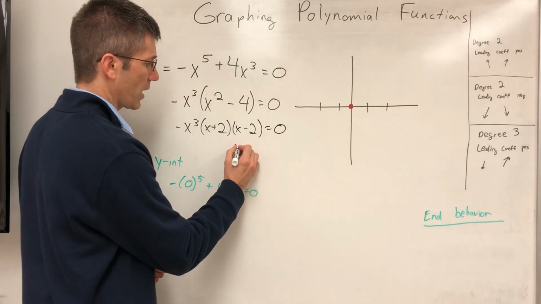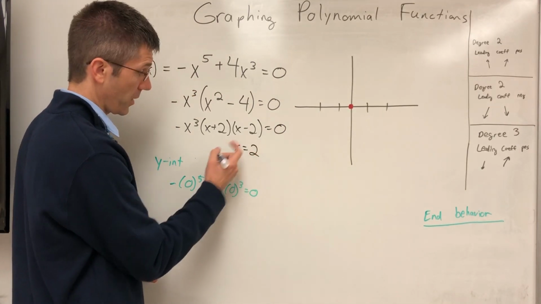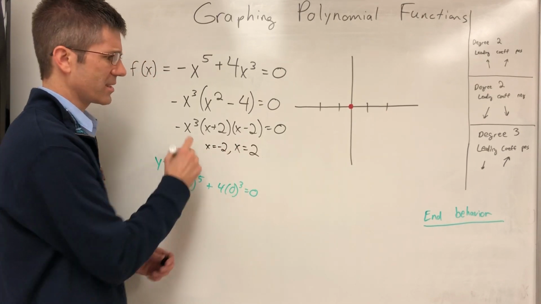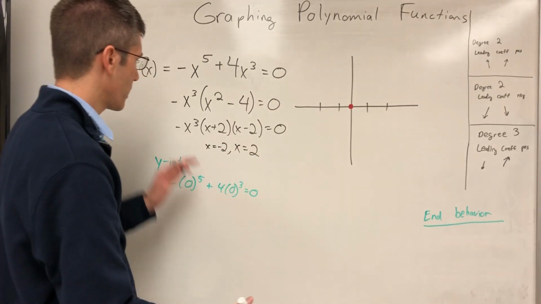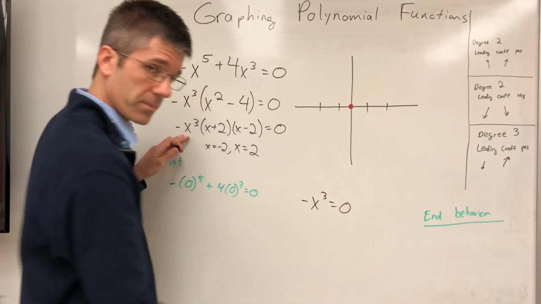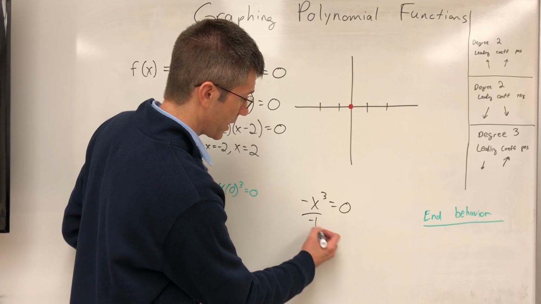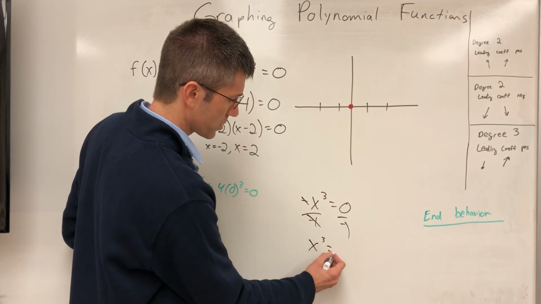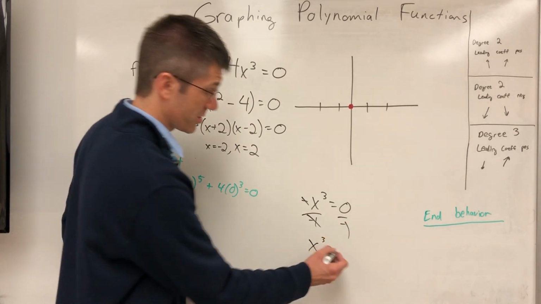We're going to have x equals 2 from that one, x equals negative 2 from that one. And over here, if I was to set negative x cubed equal to 0 and solve it, I would divide by negative 1, but I'd have x cubed equals 0 divided by negative 1, which is 0.